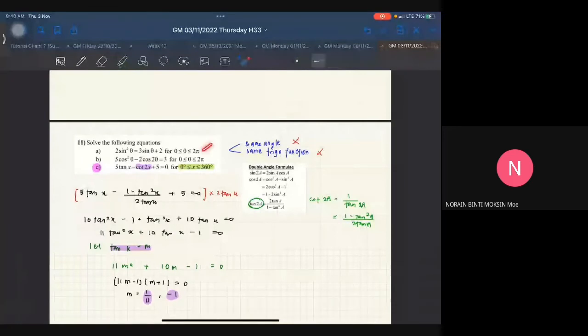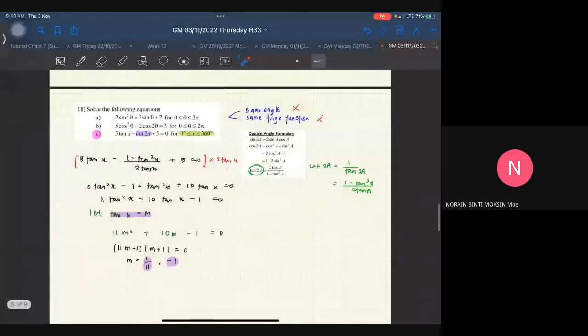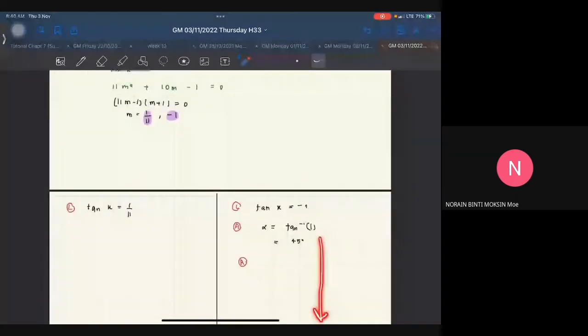Kadang-kadang soalan bagi dalam bentuk degree. Okay, so kalau dalam bentuk degree, semua jalan kerja awak sampai habis mesti dalam degree. That includes from here sampai bawah. Mesti dalam degree. Okay, kalau dia bagi dalam bentuk radian, daripada nak cari alpha sampai habis semua mesti dalam radian. Tak boleh dalam degree dulu, lepas tu tiba-tiba last sekali baru tukar radian. Cannot. Tak boleh macam tu.